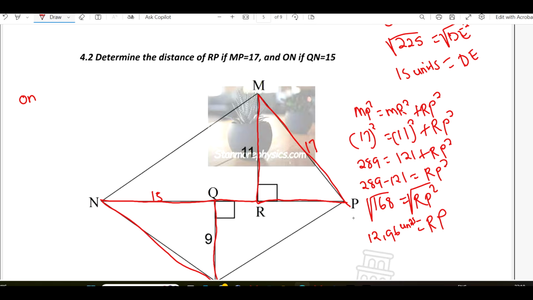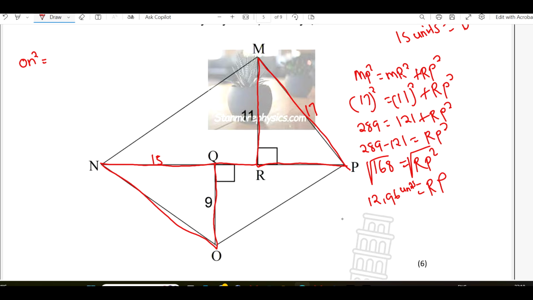So ON squared equals, we can see, ON equals QN squared plus OQ squared.